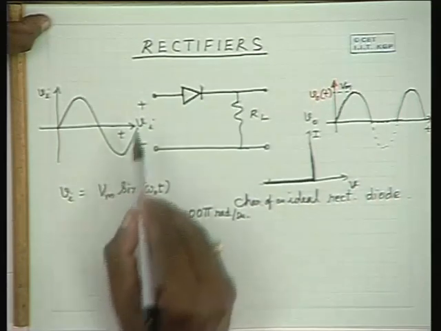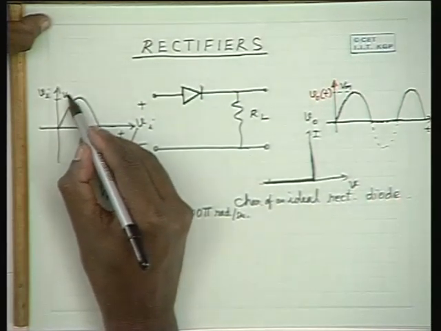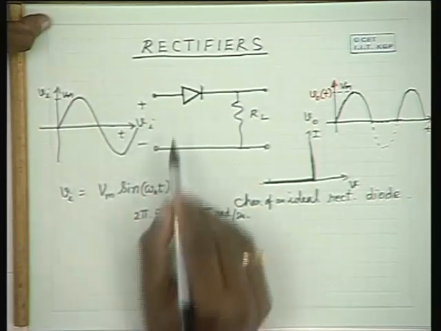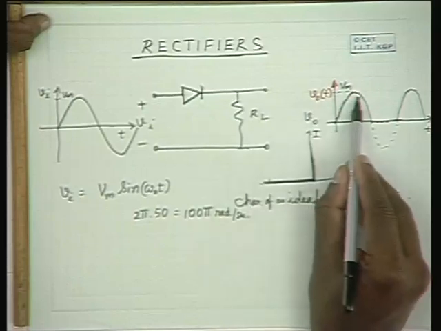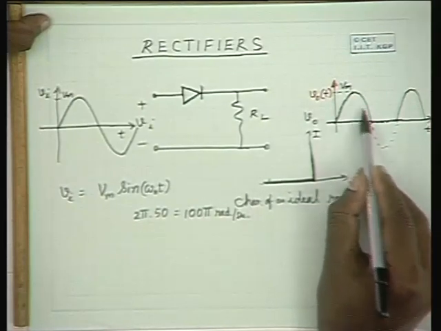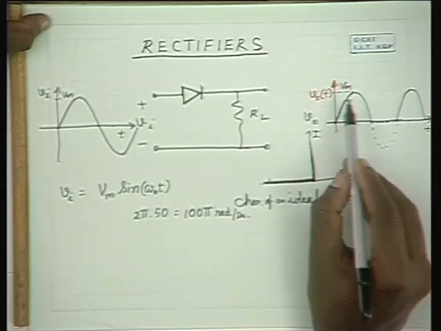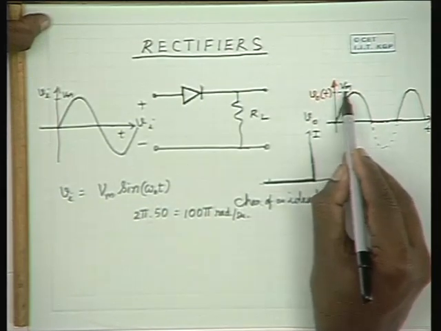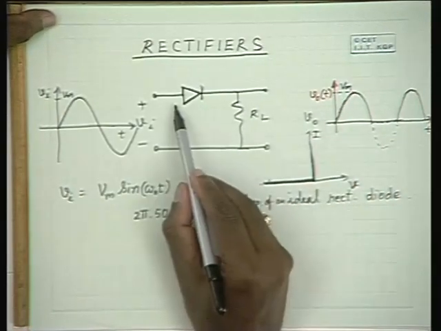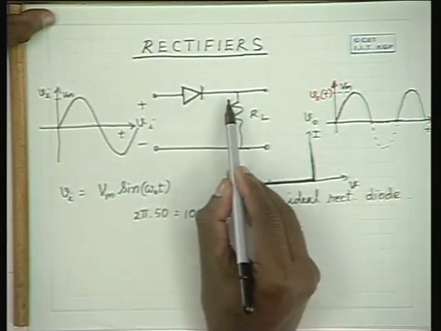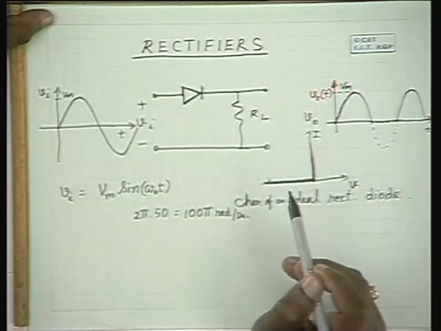So with Vm as the peak voltage here, if this is applied and the diode is ideal, what would be the output peak voltage? The output would be a half sinusoid during every cycle, and the peak voltage is Vm itself, because the voltage drop across an ideal diode is 0. Therefore, Vm is the peak.